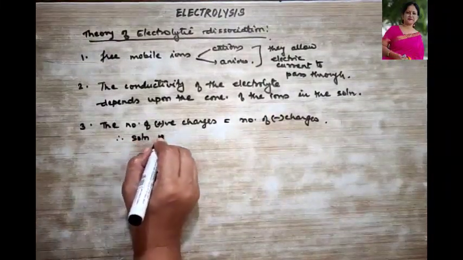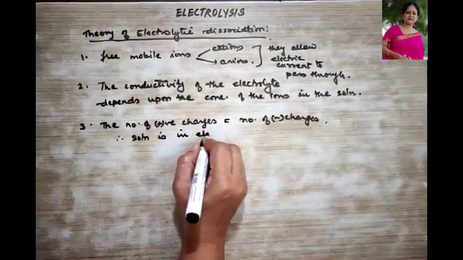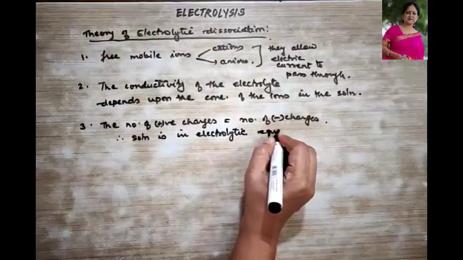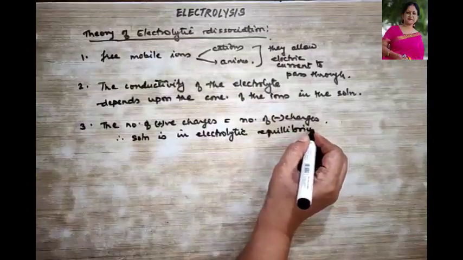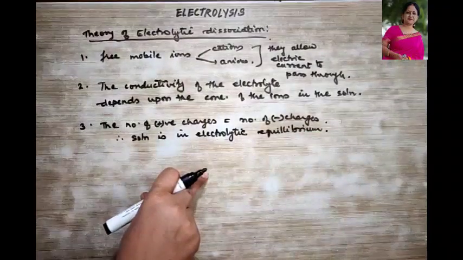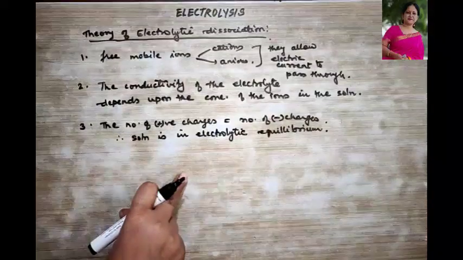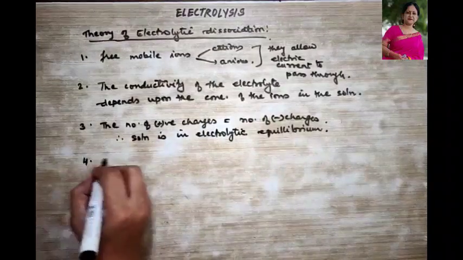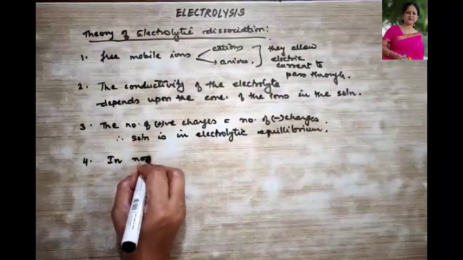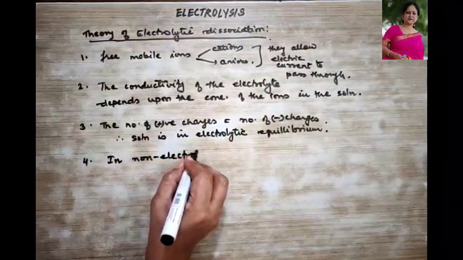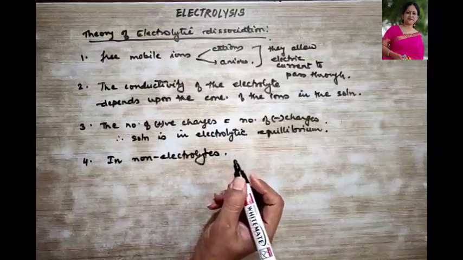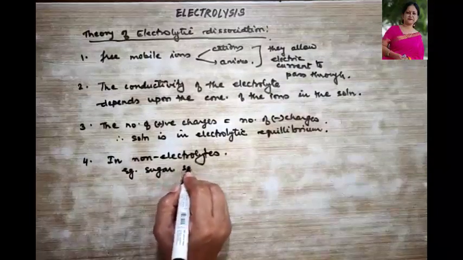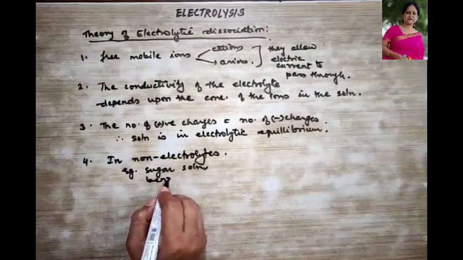Okay, this equilibrium is established between unionized molecules and the ions that are produced. Then in non-electrolytes, what do we know about non-electrolytes? Examples could be sugar solution or maybe benzene.